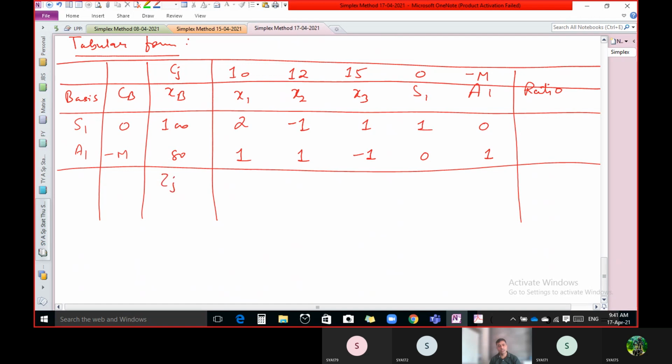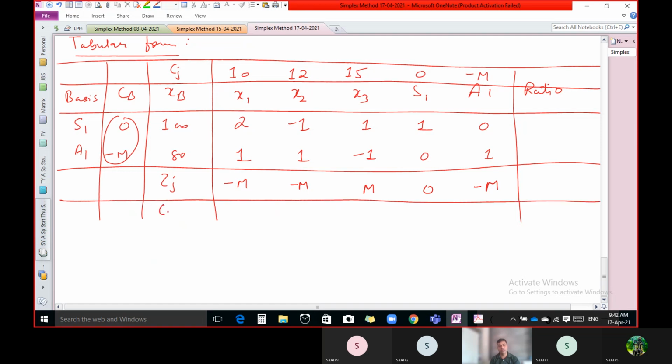First calculate Zj. How to calculate Zj? CB, this is the column of CB, multiplied with this. So 0 into 2 is 0, but minus M into 1 is minus M. Listen carefully, M is a very big value like infinite. So 0 into minus 1 is 0 and minus M into 1 we get minus M. 0 into 1 is 0, minus minus plus M. Here we get 0 and here we get minus M. So these are the values of Zj.